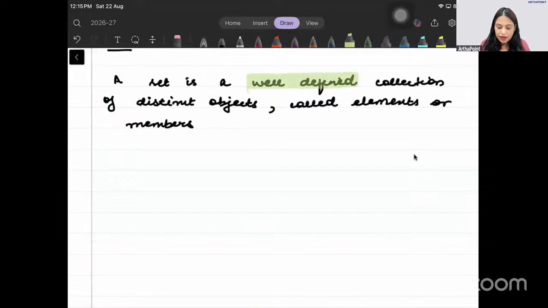First of all, anything that is a set should be well-defined. If something is not well-defined, then it cannot become a set.